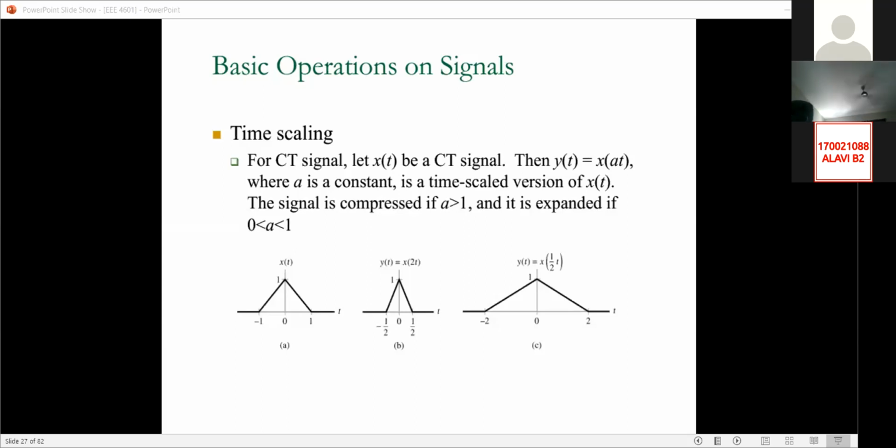What do we mean by operations on a signal? Whenever we say we have a system designed to process a signal, that processing is mathematically some form of operation.